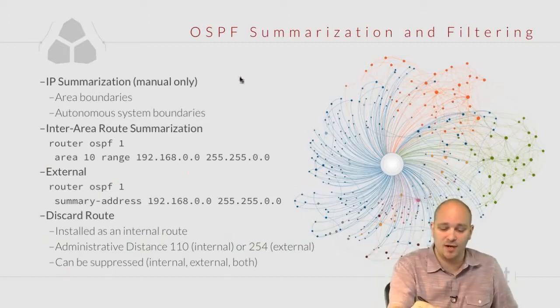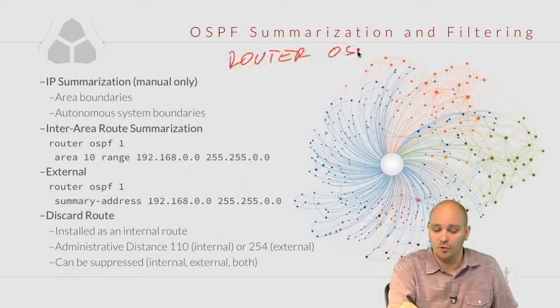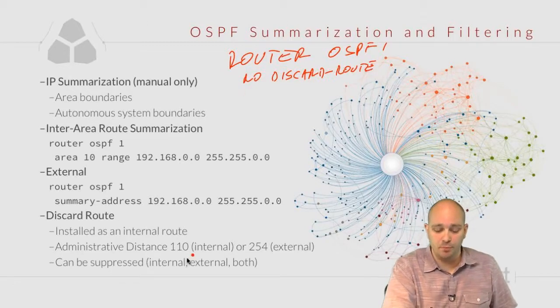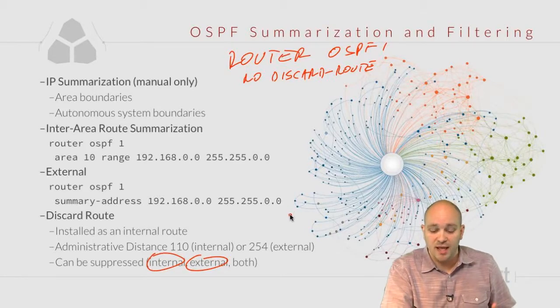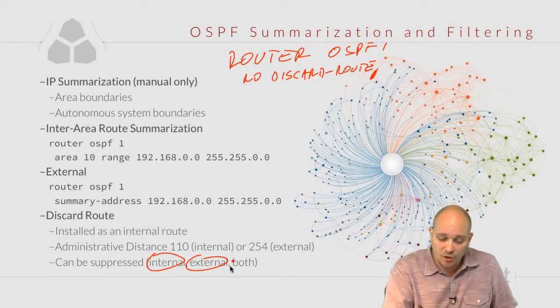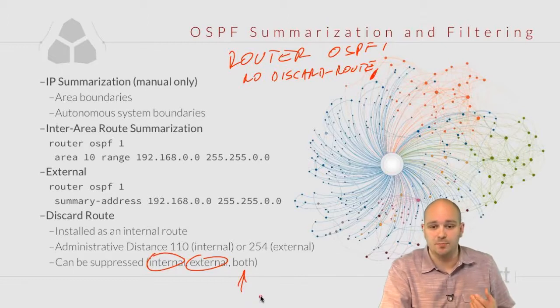The syntax for that is under the OSPF process. You would go under router ospf, let's say 1, and you would simply say no discard-route. With this, we are going to suppress both internal and external discard routes. So if I press enter here, actually I'm doing this, I'm suppressing both.